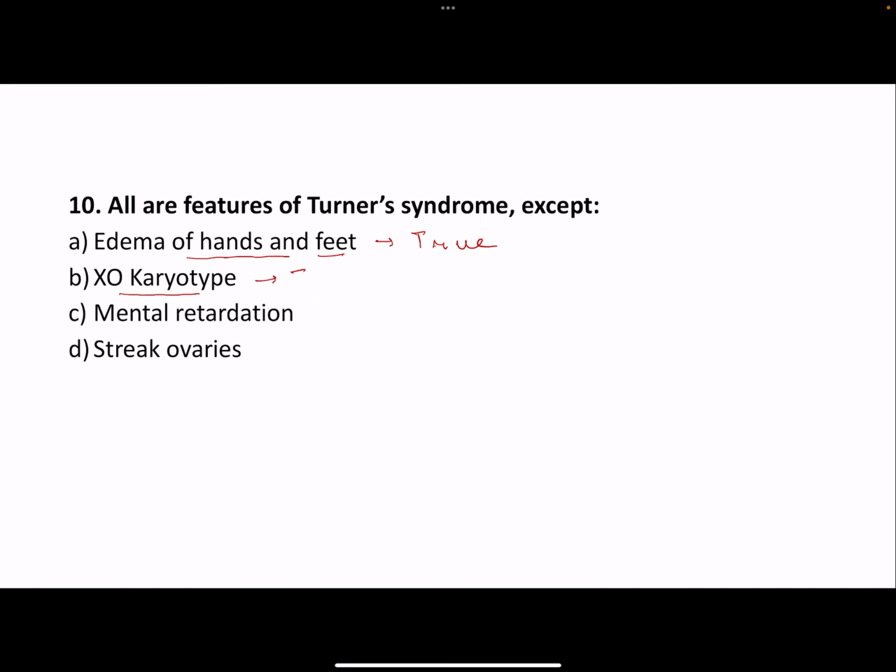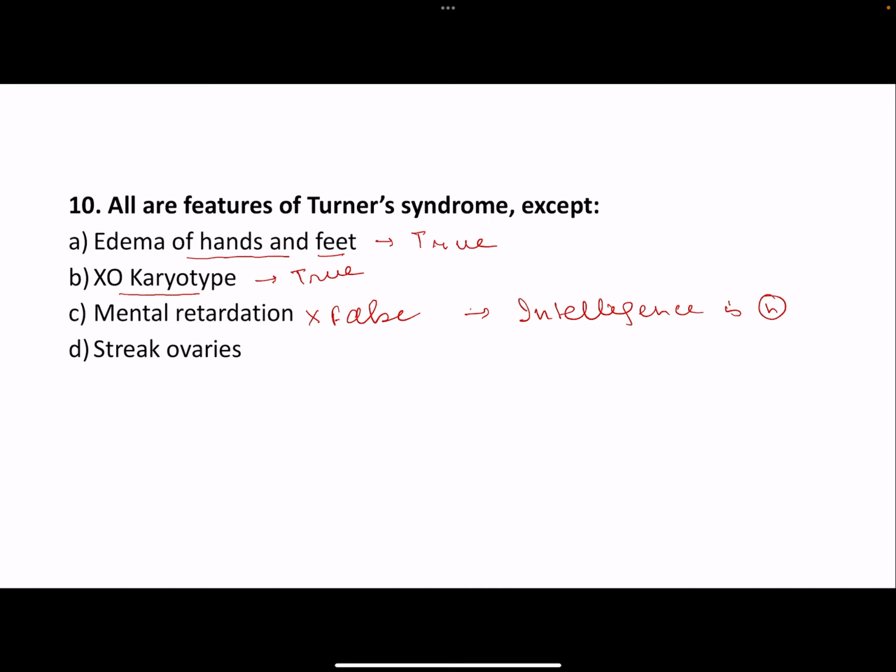So this is also true, because the karyotype in the Turner syndrome is XO. Option C is mental retardation. This is the false statement regarding Turner syndrome, because here there is no mental retardation, and in the Turner syndrome the intelligence is normal. So this option is wrong.